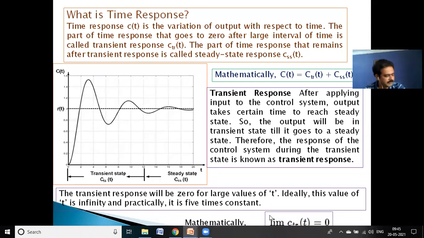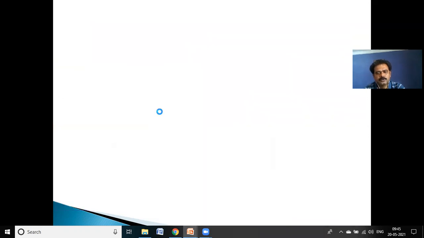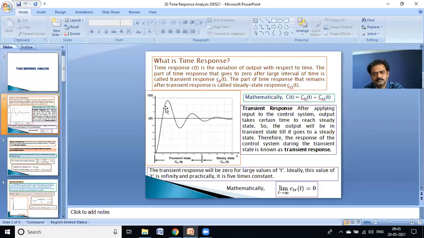So mathematically, that is represented with a limit t tends to infinity. This is the mathematical form: limit t tends to infinity, c(t) is equal to 0.